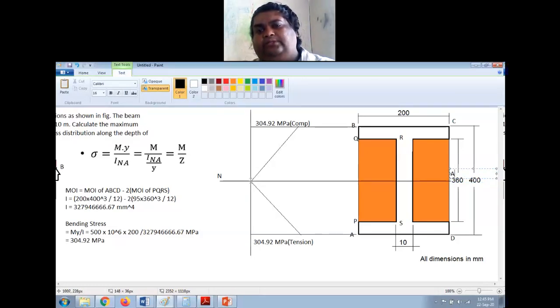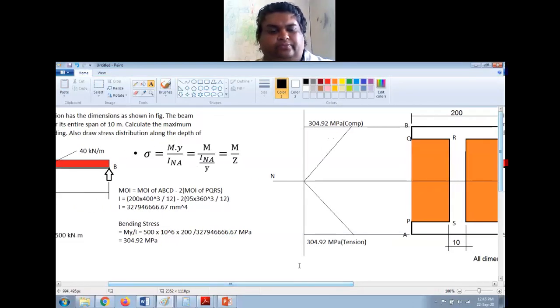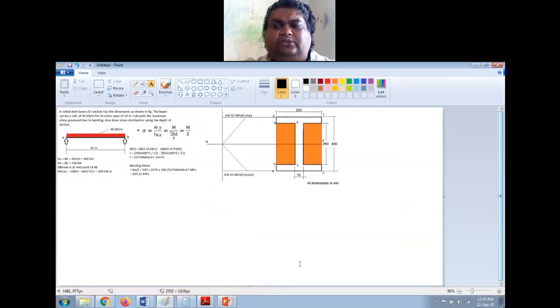So what it means is above the neutral axis the stress is varying from 0 to 304.92 megapascal. Below the neutral axis it is varying from 0 to 304.92 megapascal. Okay, this particular profile is called as stress distribution along the depth of the cross section, right? So if you do this, you will get full 6 marks.